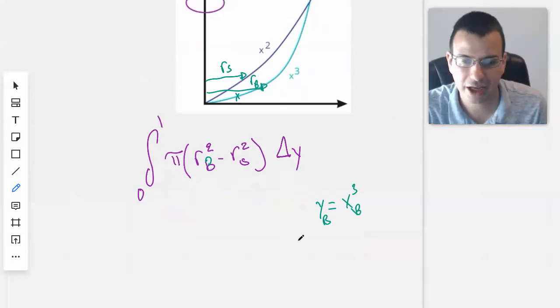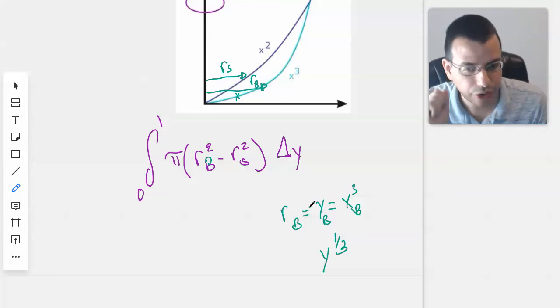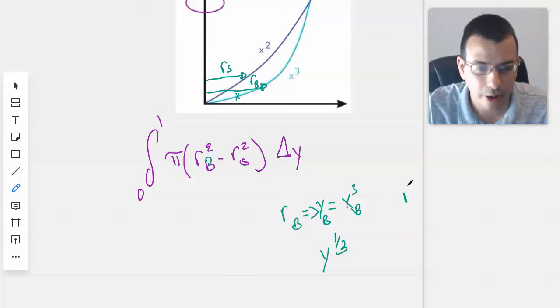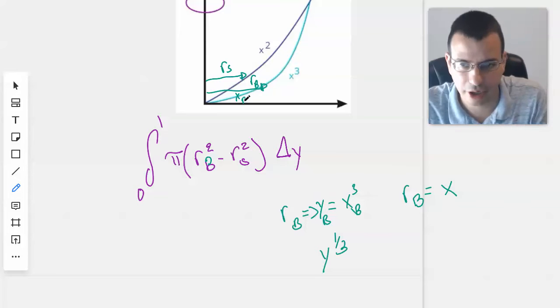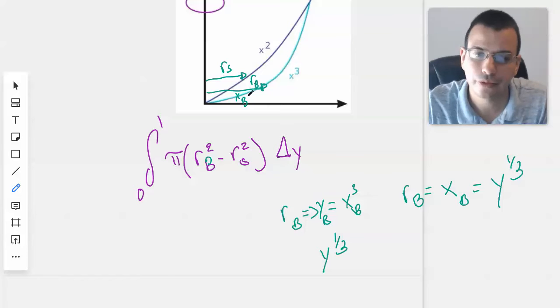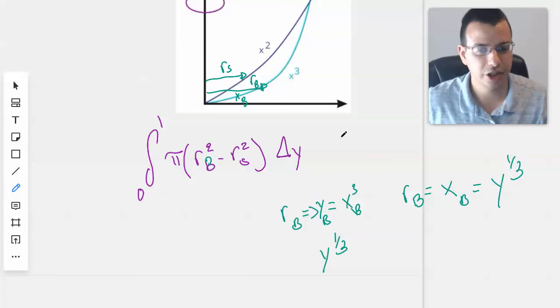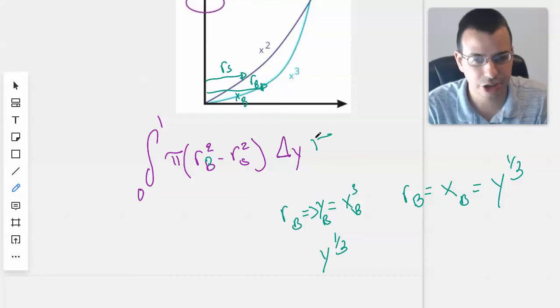So x would be y to the 1/3. So r big equals x, I'll call this x big, which we know will be y to the 1/3. So what we had to do is rearrange the x value in terms of y, because we need things in terms of y.